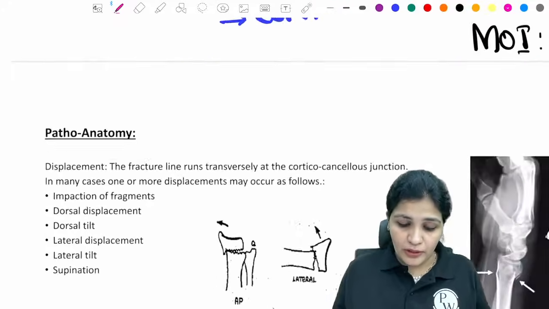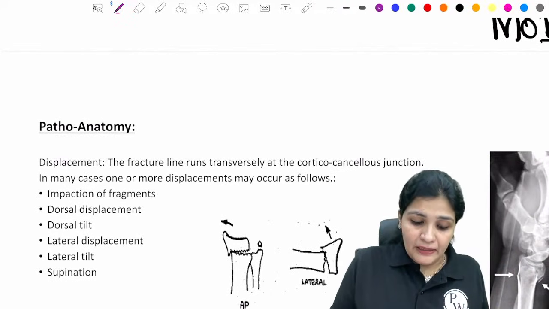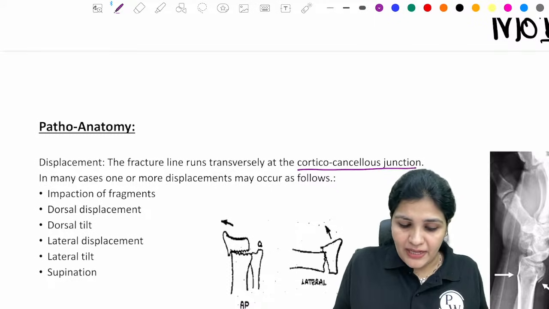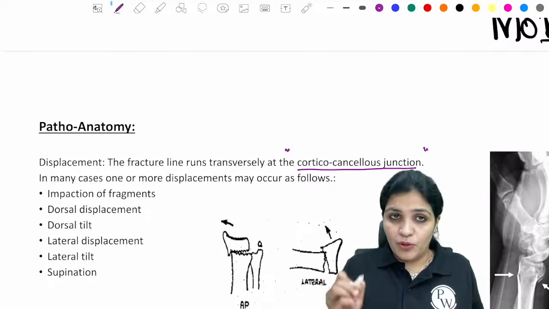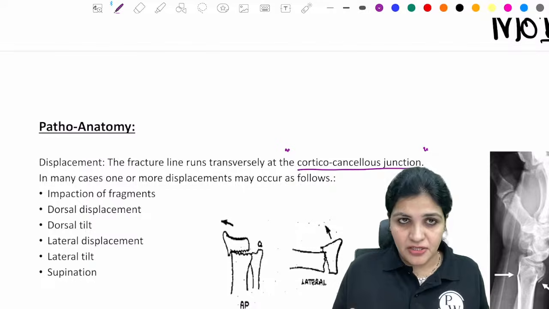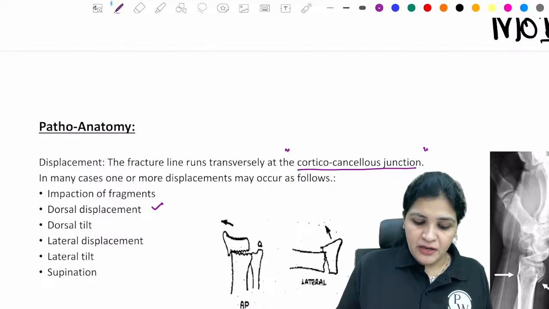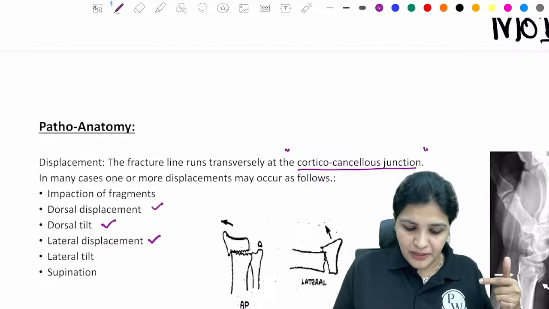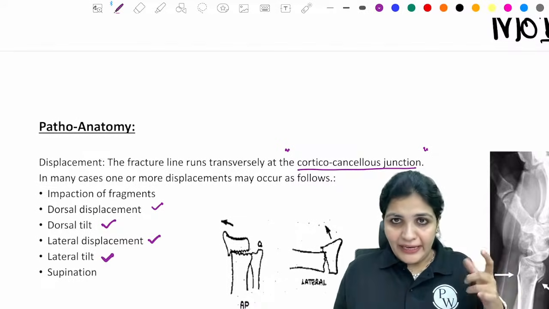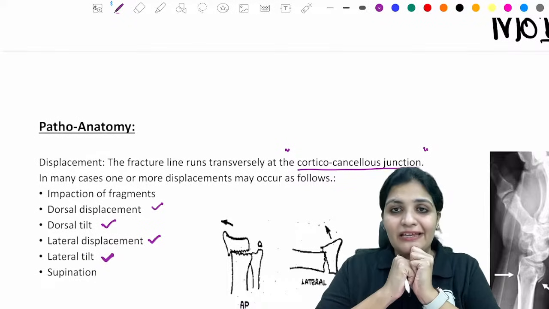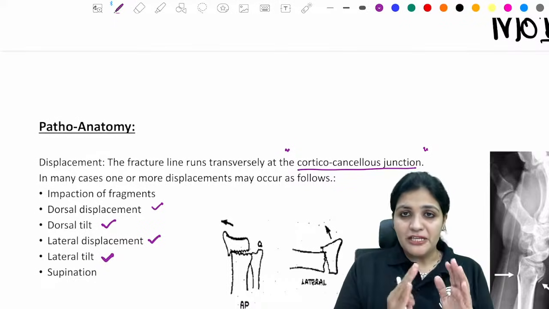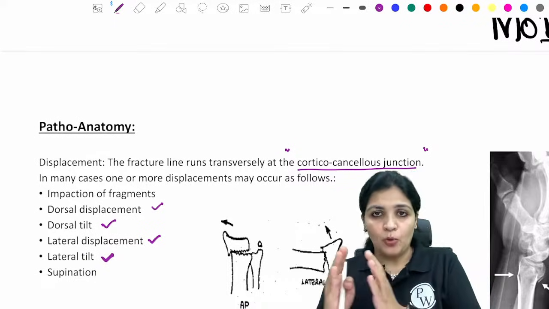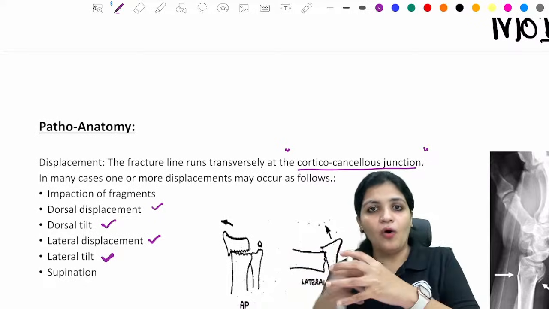pathoanatomy. I already told you the pathoanatomy. Here the fracture runs in the cortico-cancellous junction, and I have told you there are various displacements. There could be dorsal displacement, dorsal tilt. In the AP view, you may see a lateral displacement or a lateral tilt, and finally the impaction. Yesterday we read that the displacement can be angulation, rotation, translation, or impaction.